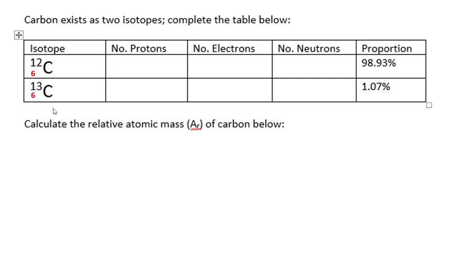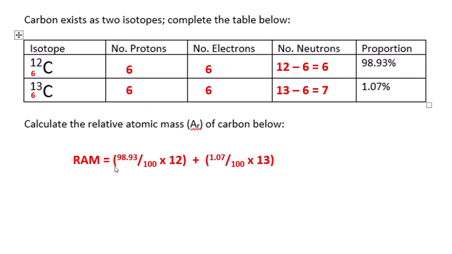So carbon-12, 6 protons, 6 electrons, 12 minus 6, 6 neutrons. Carbon-13, 6 protons, 6 electrons, 13 minus 6, 7 neutrons. The relative atomic mass, this has got a very high percentage of the carbon-12, so 98.93. So the relative atomic mass would be given by 98.93 over 100 times 12, and then 1% of carbon-13, so 1.07 over 100 times 13.